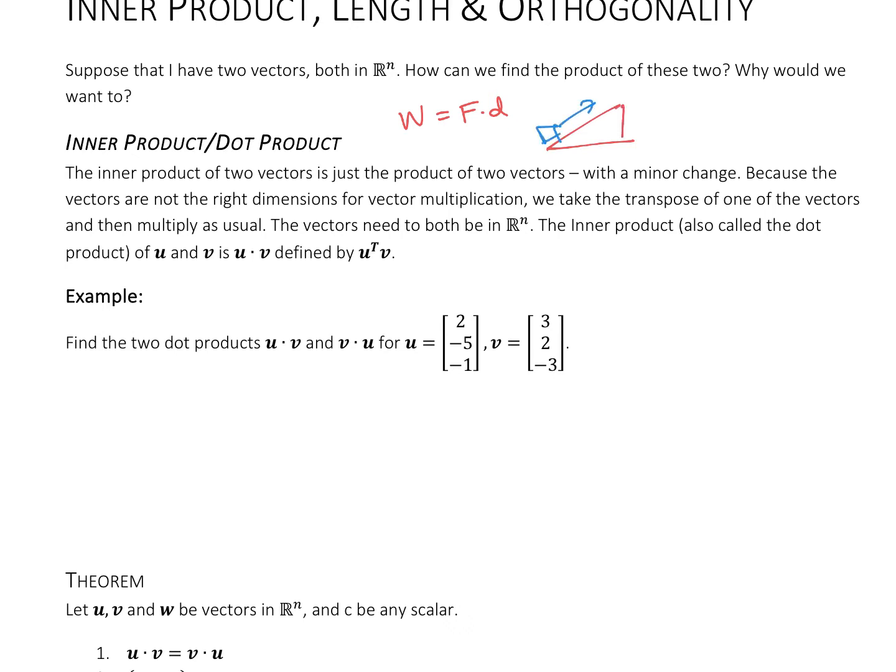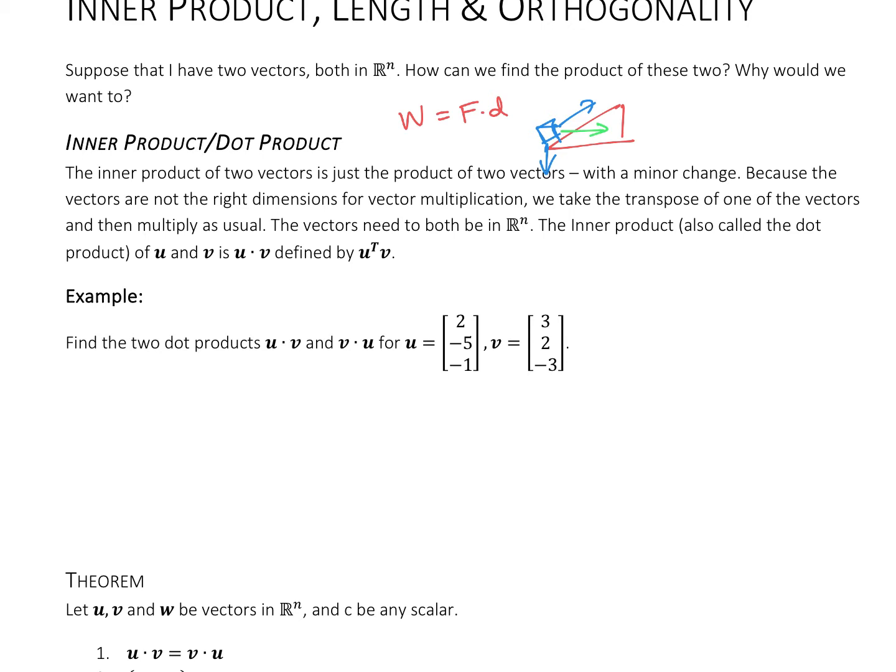Your force might be going this way, and we have things like normal forces acting on this. There's the normal force that's keeping it that way, and then there's the action force that's actually causing it to move.